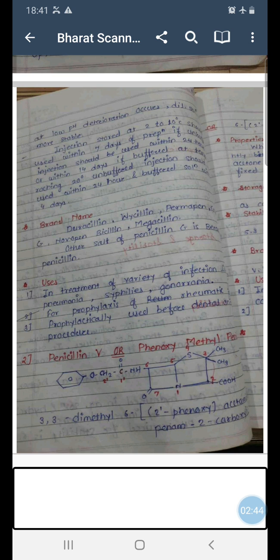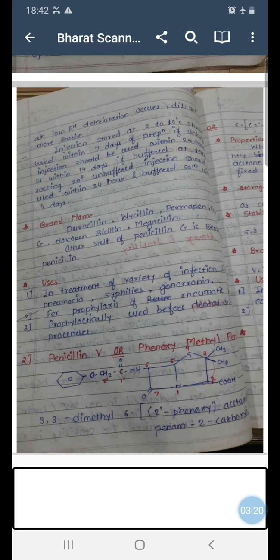Now after numbering, just see which substituents are present on this fused heterocyclic bicyclic nucleus. At position 1 there is no chance of substitution because the valency of nitrogen is 3 and it is completely satisfied by forming bonds with different atoms. Now at position 2 you have a COOH group, which is a functional group. So we all know that if the functional group is directly attached to the heterocyclic nucleus, then collectively you can select both of them as a base.